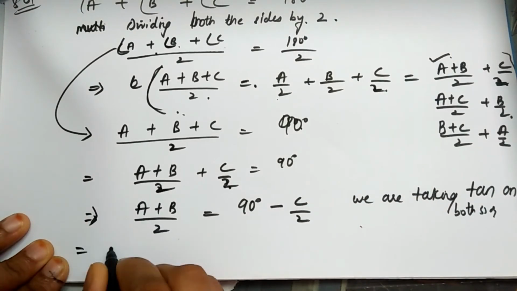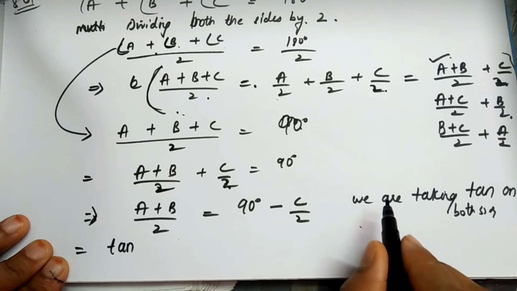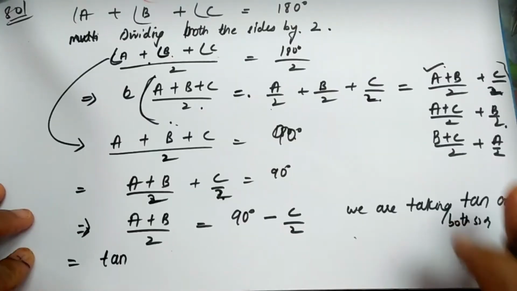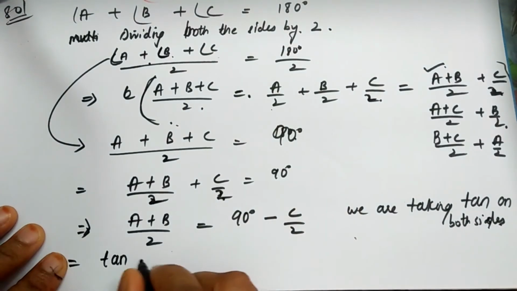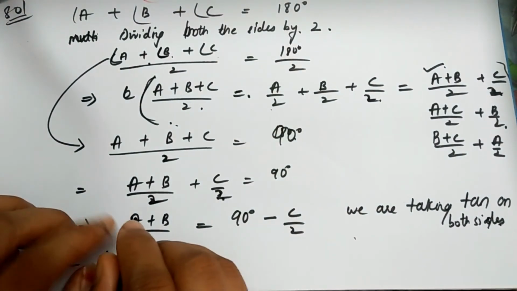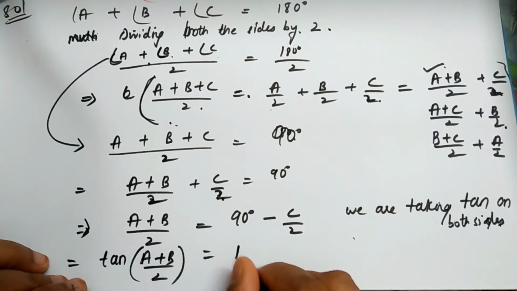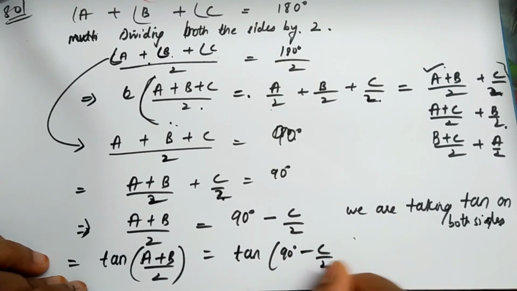Since it's given in the question that it has tan and cot terms, we are adding tan here: tan of (a plus b) by 2 is equal to tan of (90 degrees minus c by 2).